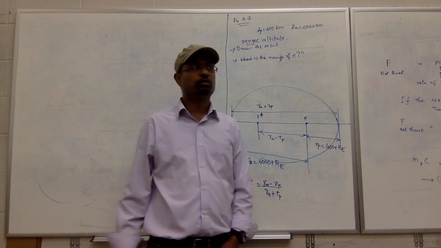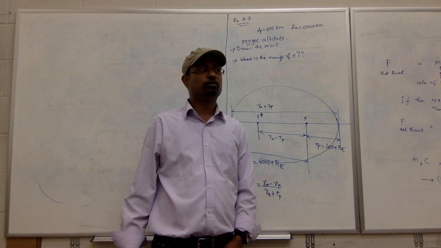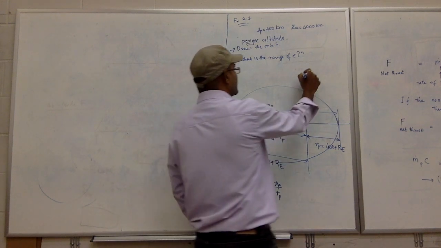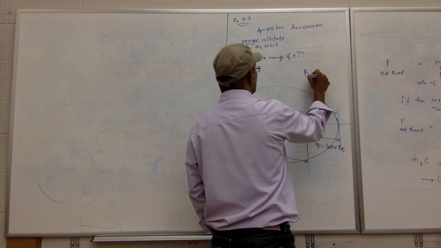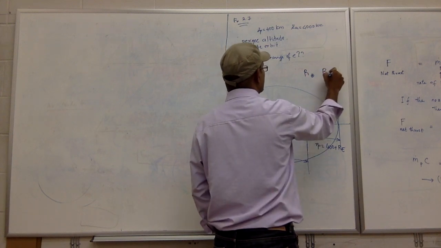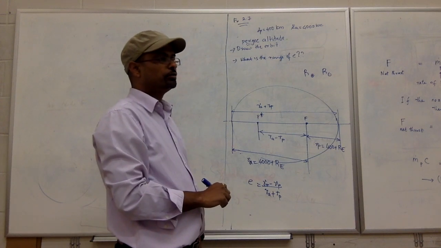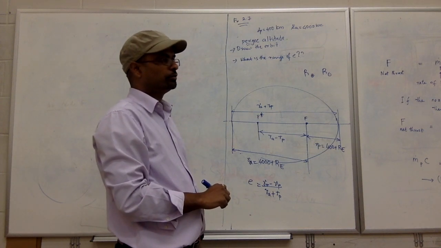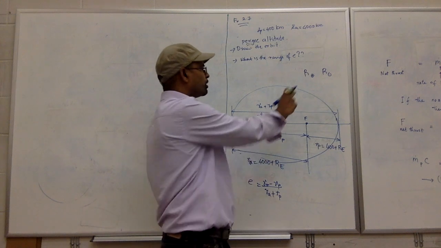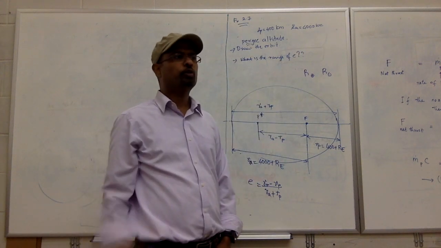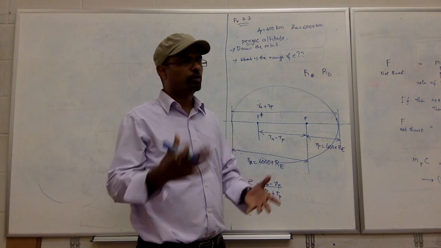What's the nomenclature for Sun and Earth? You have RE for Earth, and this is for Sun. Don't worry about this, it will be made pretty clear to you. I don't expect you to know things out of the blue.